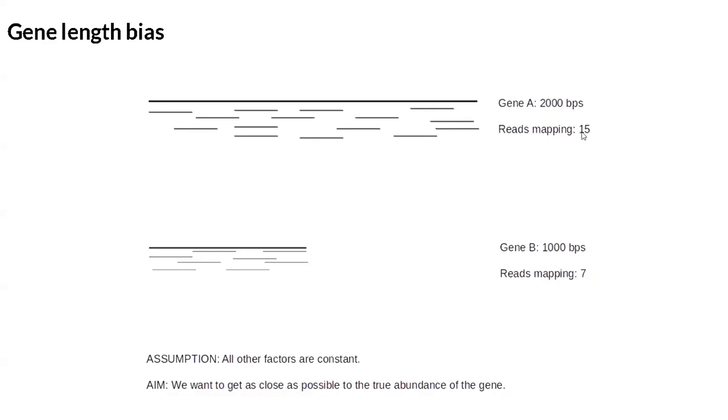So what we want to do is normalize for gene length and see whether there is a difference in the read counts after normalization.